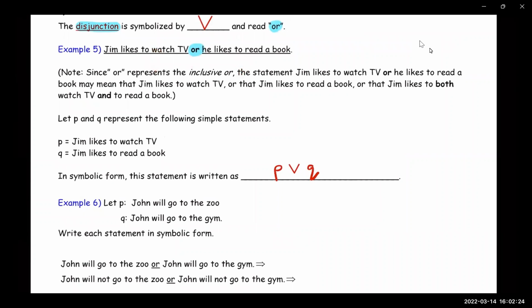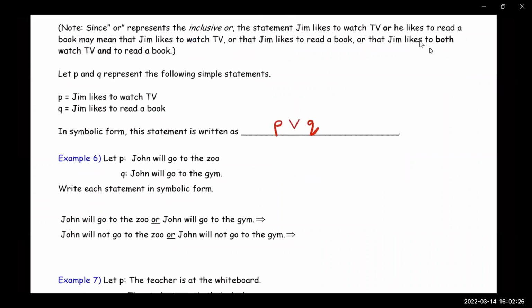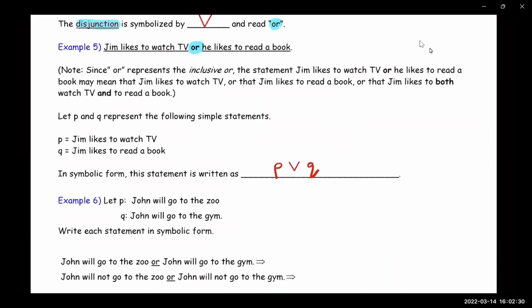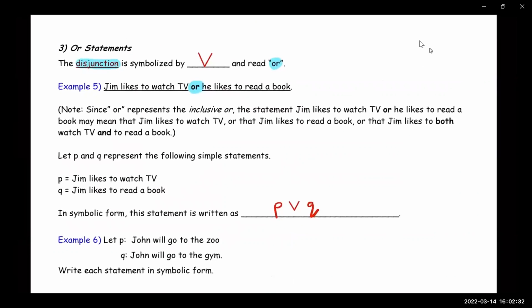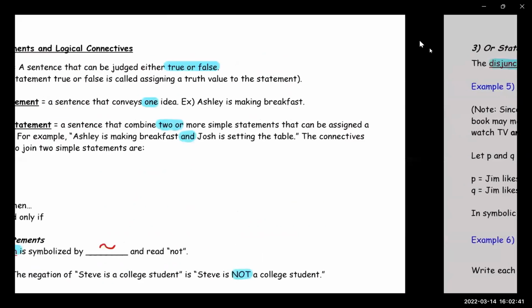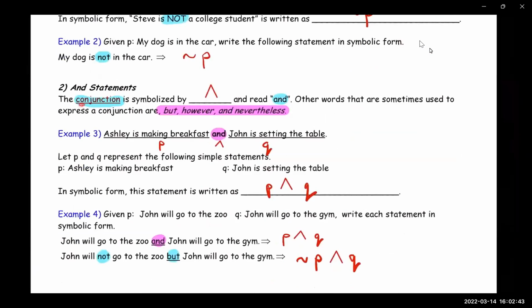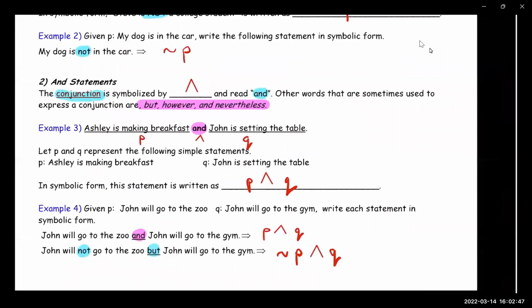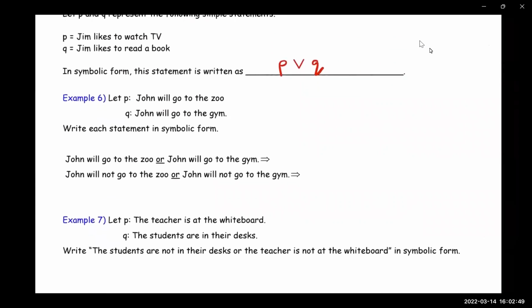So the or is the disjunction. These three things are the same thing. In conjunction, that would be this one. Conjunction is the and.